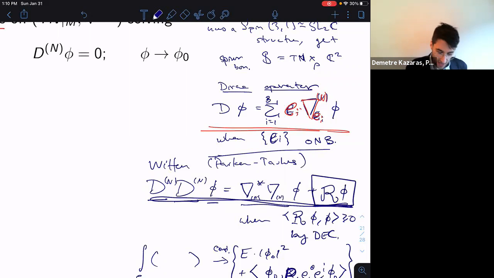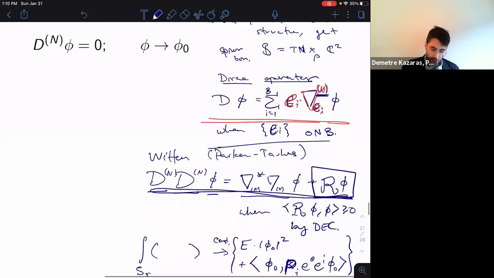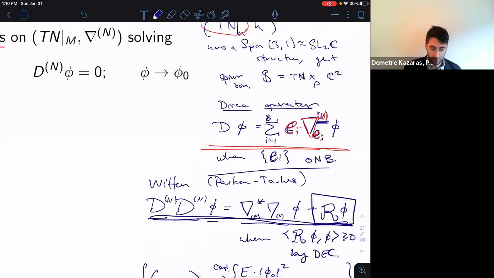This is a particular Dirac operator, and notice that it's using the connection from the ambient manifold on sections of a bundle over the hypersurface. So it encodes that K that we talked about before. So you see some similarities.